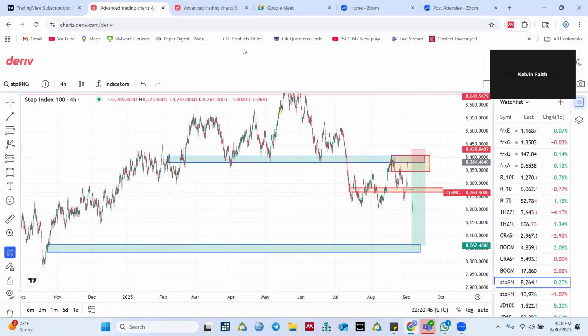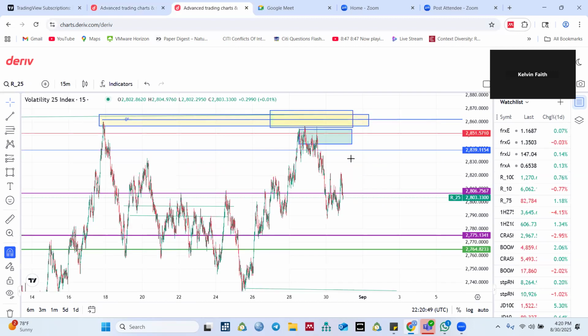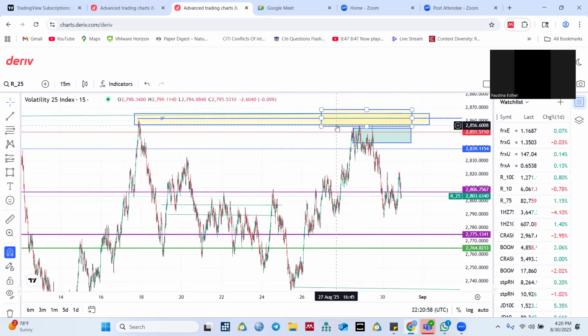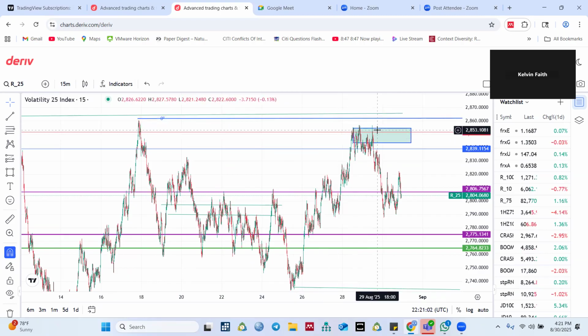Yeah, so God willing, tomorrow we can look at Forex, maybe gold or Euro USD or any of the Forex space. So let's see the 25 index that we started analyzing with, where it is right now.